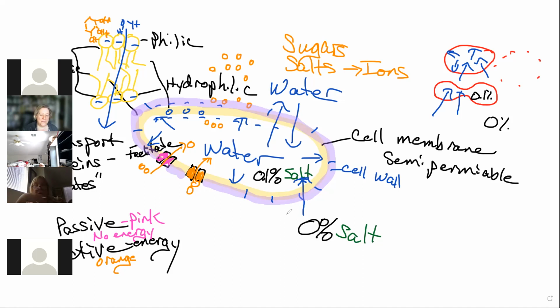So the water will come in then? Yeah, the water will come in. It's going to come in through these holes. And then what's going to happen? We've already got water coming in. It'll explode. Yep, it will lyse just like our red blood cells do.